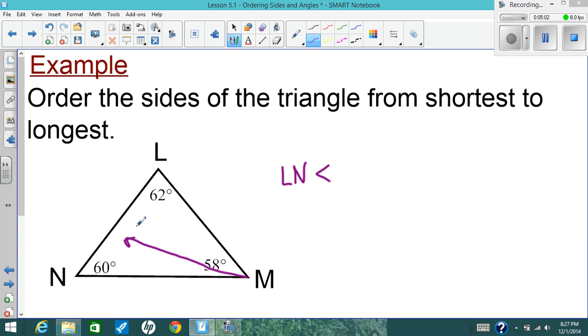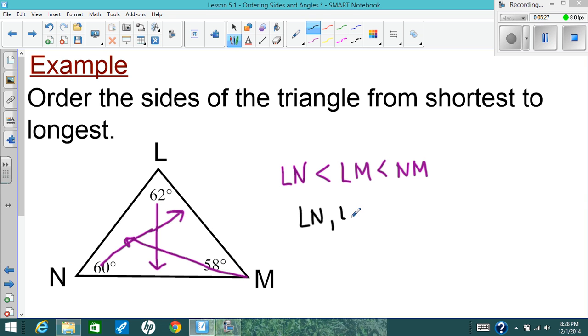It will be less than LM, which is less than the side across from the biggest angle, NM. Again, that's in the inequality format. If you want to list them, we can just list them. You might see these both ways on a test or a quiz.